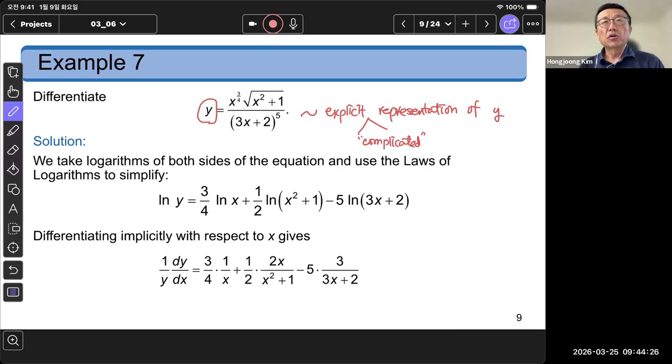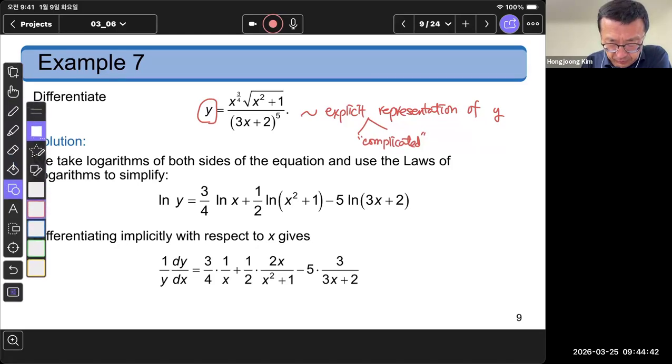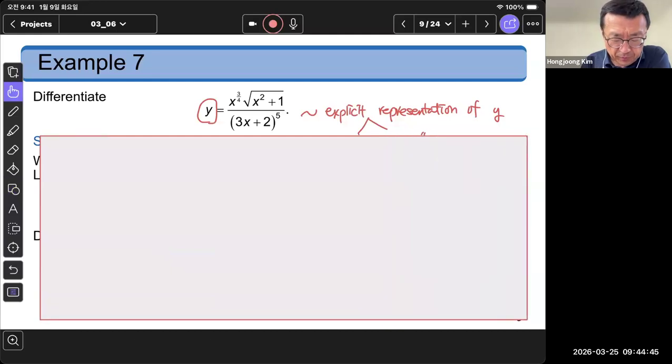If you want, you can apply the regular formula to differentiate this. Then I have the quotient of two functions, with x to the 3/4 times the square root of x squared plus 1 in the numerator.